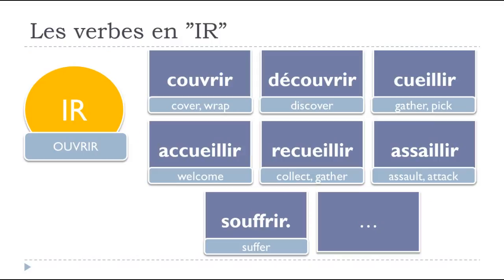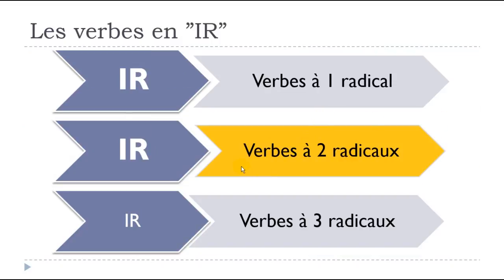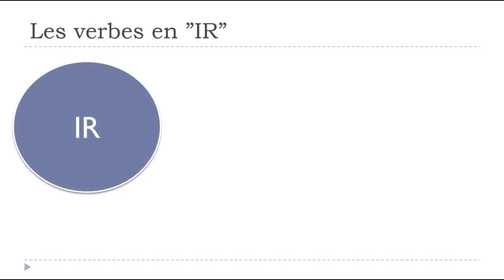Now let's see the second group, what we call les verbes à deux radicaux. We'll take partir. Partir is to leave. We use this verb quite often, so it's quite important to see how to conjugate it in the present.